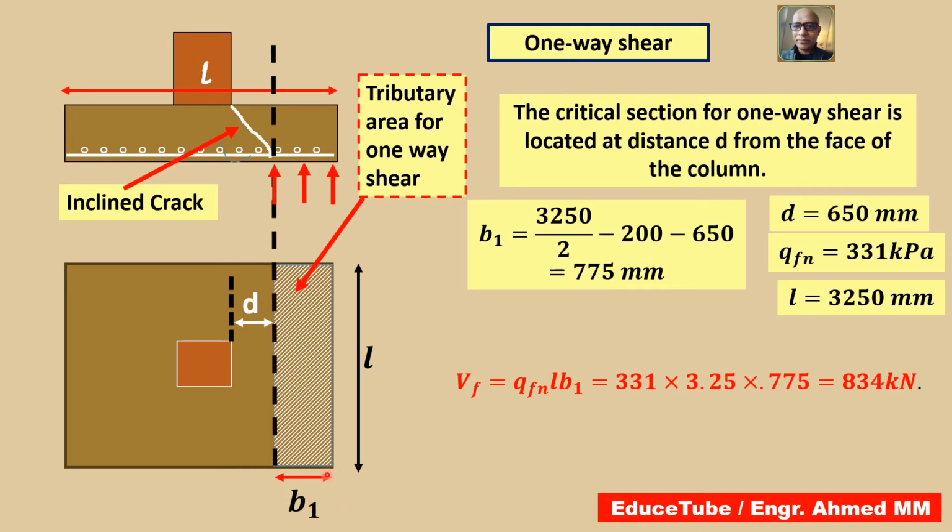Once we get B1, it is easy to calculate VF. Using QFN, L, B1, we find 834 kilonewton. This is the applied shear force at the section due to factored load, and it is one-way shear.